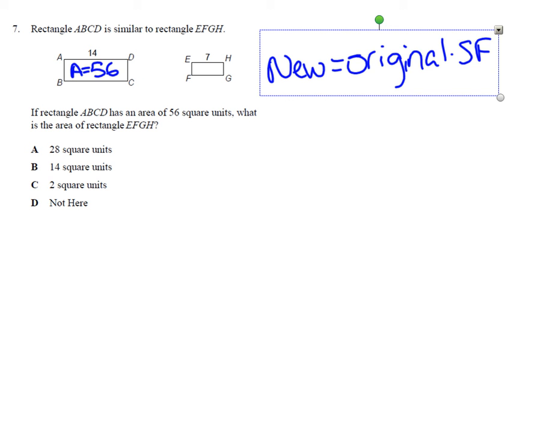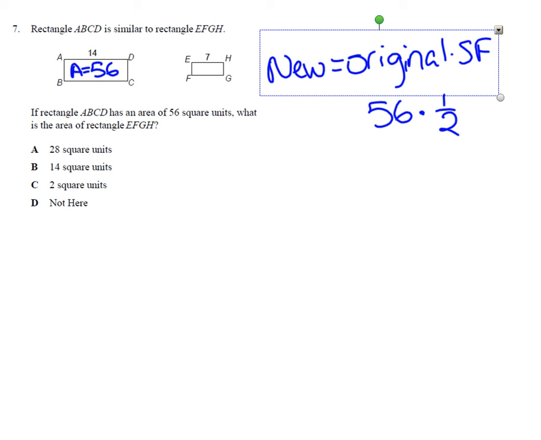To find that, we have an original, we want the new, which means we need to figure out what we're missing. Scale factor. If we look at our side lengths, can we see a relationship between 4 and 7? It's half. So what's our scale factor? A half, or 0.5. I'm going to use a half because I like that better.